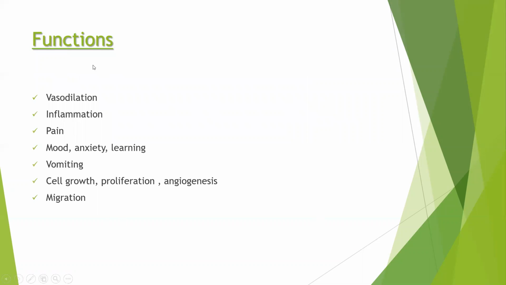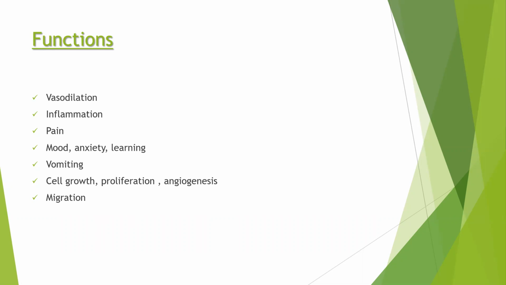Then next, functions of the peptides. First is vasodilation. Substance P is a potent vasodilator. It is dependent on nitric oxide release. It also has bronchoconstrictive properties mediated through the non-adrenergic, non-cholinergic nervous system.